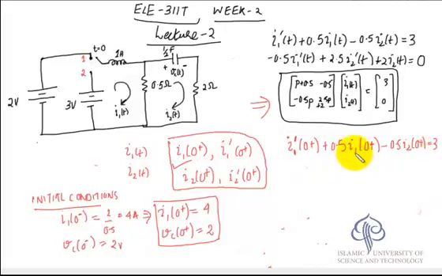We have I1(0+), so we simplify this: I1'(0+) - 0.5 I2(0+) = 3 - 0.5 I1(0+). I1(0+) is already given, it's 4, so it is 3 - 0.5 x 4, that is 3 - 2, that is 1. So this is one equation that we get. Please remember that these are unknowns. I1'(0+) is not known, we need to find it. I2(0+) is not known, we need to find it.